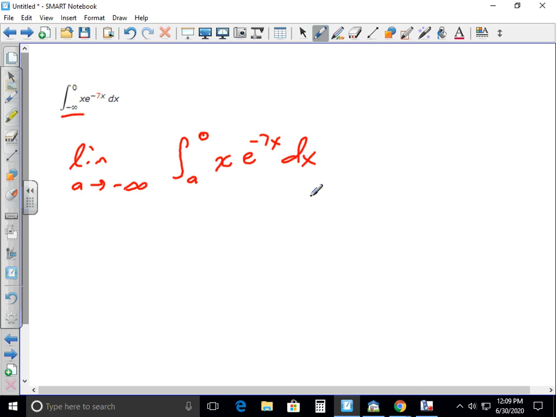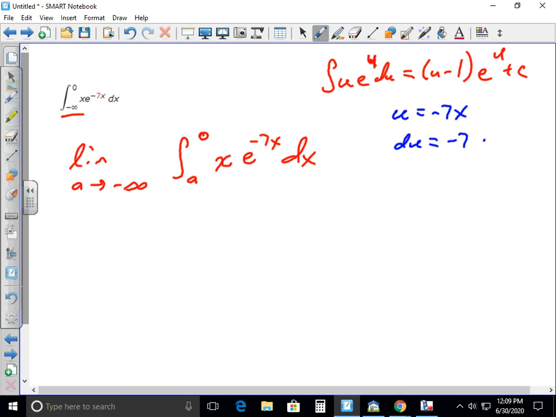So flip through the table and try to find an integral involving an e to the x and then a function out front. The integral of u e to the u du is u minus 1 times e to the u plus c. So our u, that's the exponent, is negative 7x, which makes du negative 7 dx.